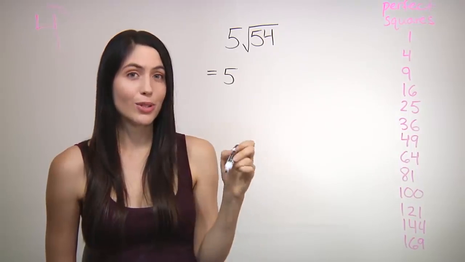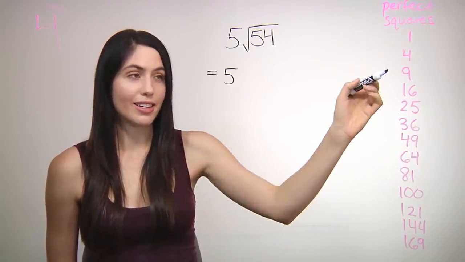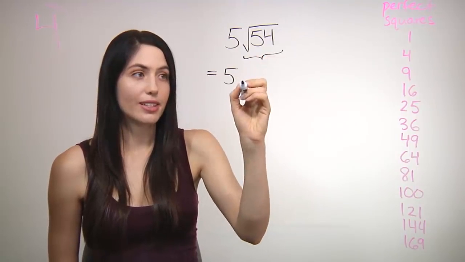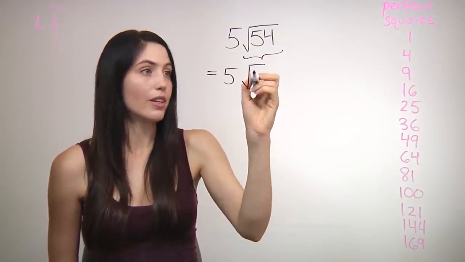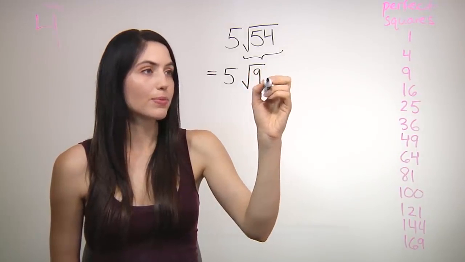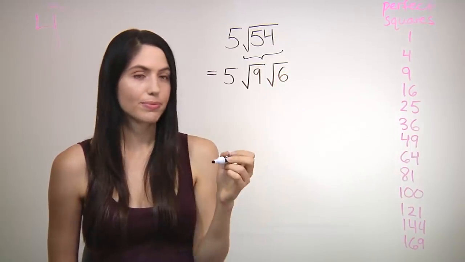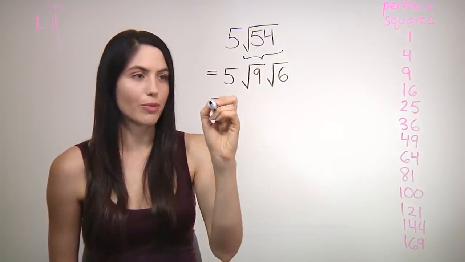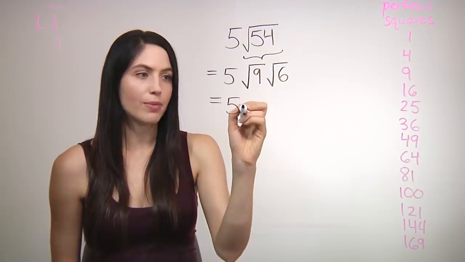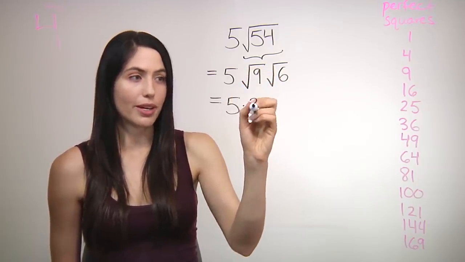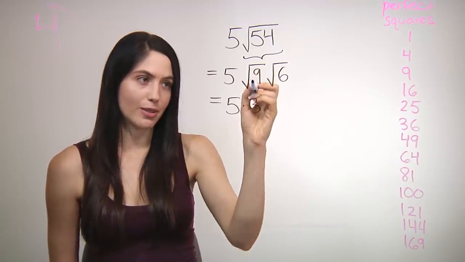So you take those two numbers, 9 and 6, and in place of the 54, you're going to write square root of 9 times square root of 6. Keep simplifying just like before, and you have 5. Square root of 9 reduces to 3 because it was a perfect square on your list.